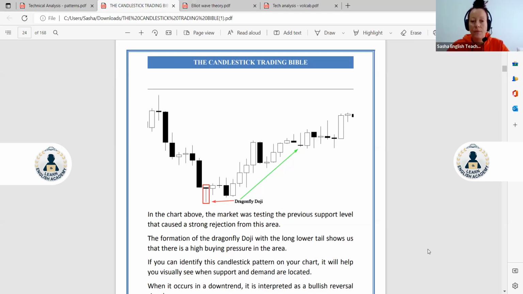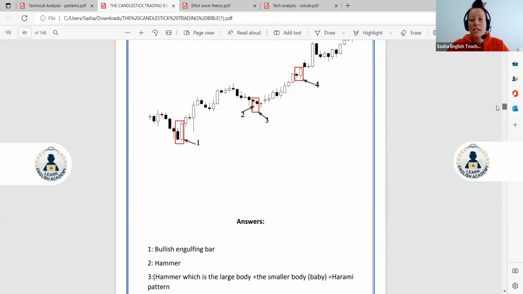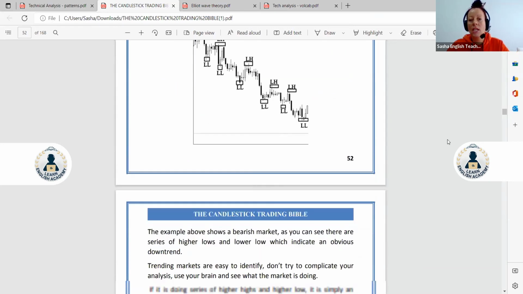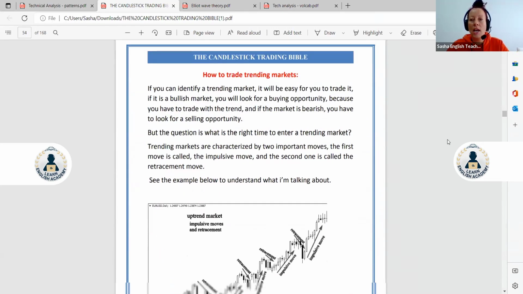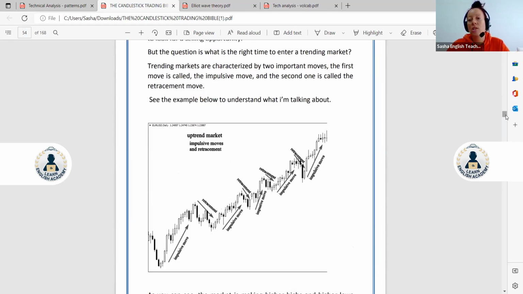Definitely. But I don't like to be specialized in candlesticks. No, okay, but just to have the understanding. Like I said, I'll send this to you. It's a whole book, 168 pages. I just thought you can keep it and read it in your own time, if you're happy to, because it explains a lot here.